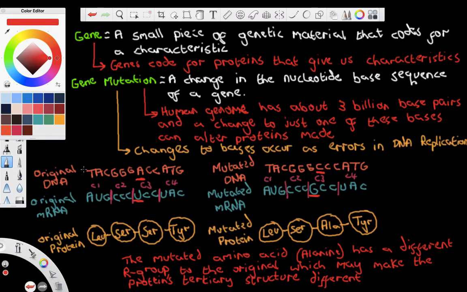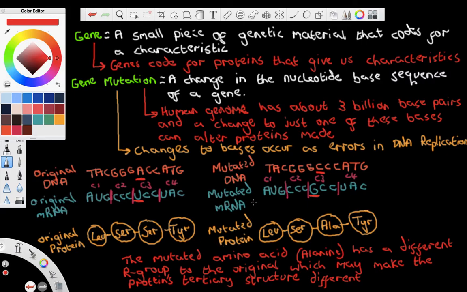So you may have an original piece of DNA that looks like this. Due to an error made in DNA replication by DNA polymerase, instead of having an A here, you have a C. What this means is that the original mRNA has a U at this position, but it now has a G at this one. And as a result, the original protein that was intended to be made was leucine, serine, serine, tyrosine.